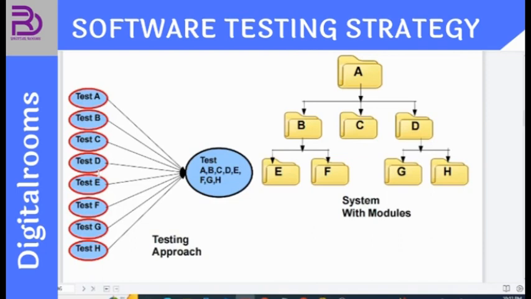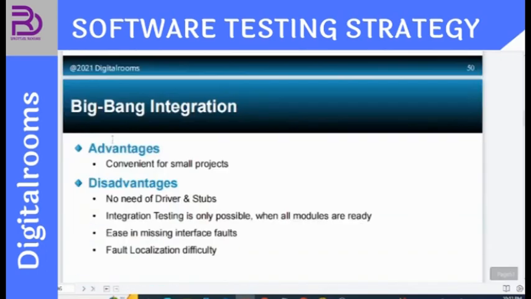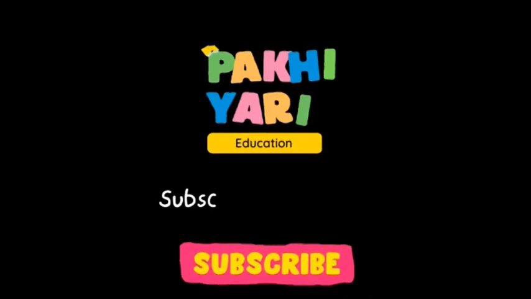If a module or sub-module is not working, it is only possible to know once the entire software is developed, and only then can testing be done using the Big Bang strategy. That's the localization fault problem: we are unable to localize defects and errors while developing until the entire software is developed. Okay, critical path.